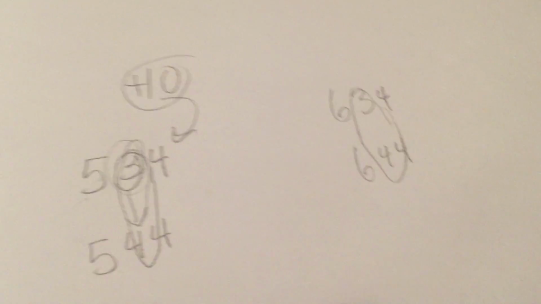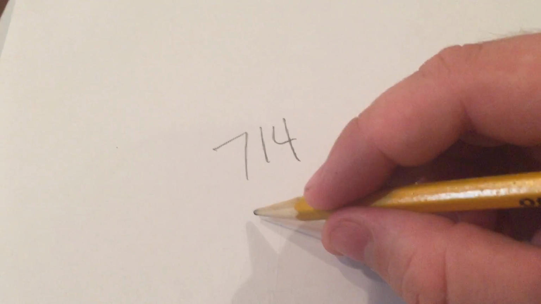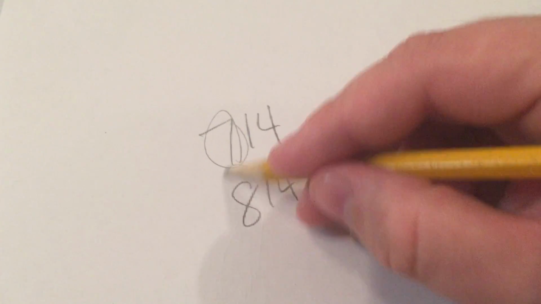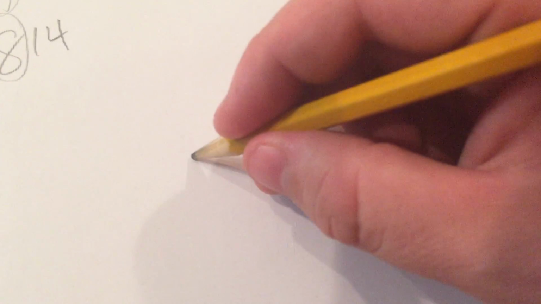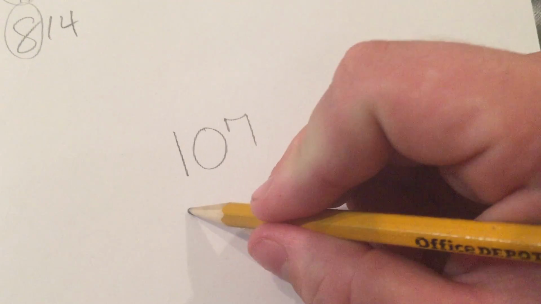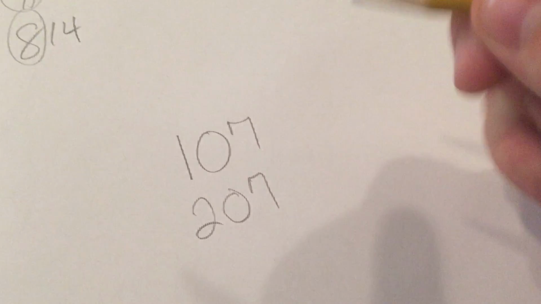And so this works also for adding 100. If I were to add 714 plus 100, the answer is 814. From 700s simply to 800s. So what is 107 plus 100? You should have said 207.